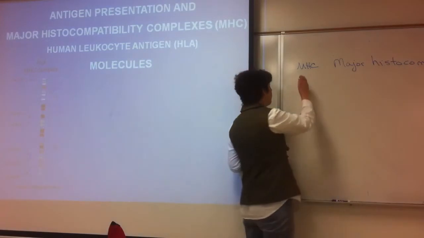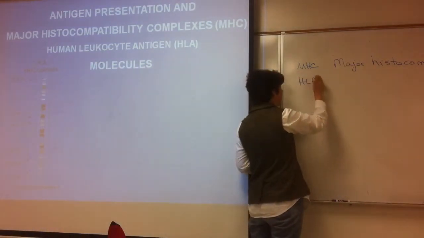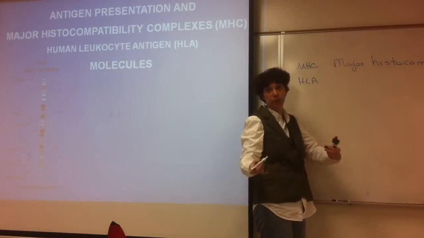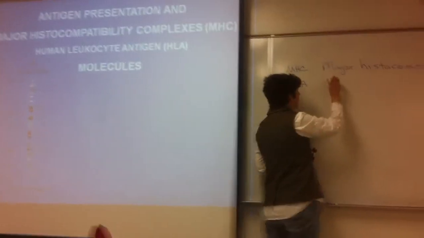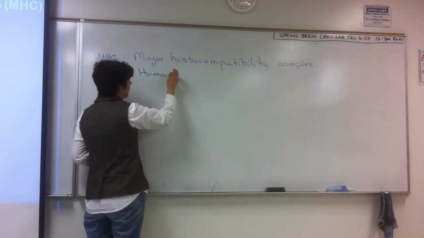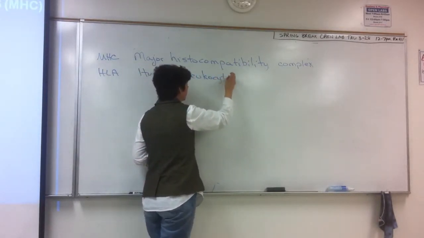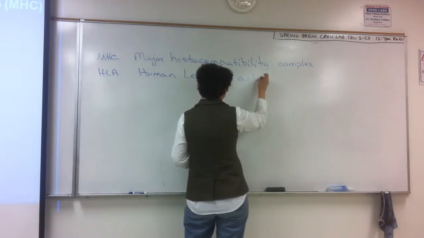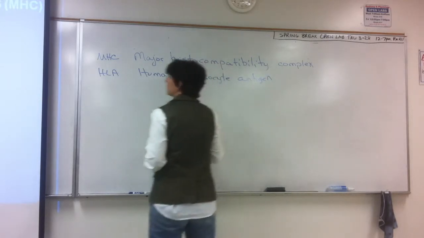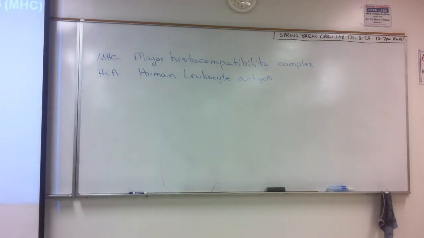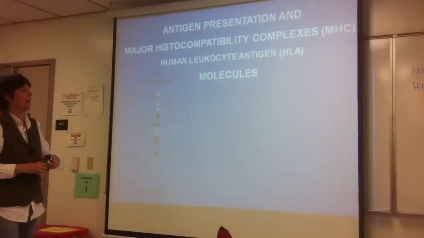These are classified as MHC1 or MHC2, and we'll talk about the differences between them. In micro, you might have used this term instead of MHC. It refers to the same protein, a surface protein, but it's human leukocyte antigen. Those are the same thing? Yes, but just in the human. So it's the same thing, HLA.